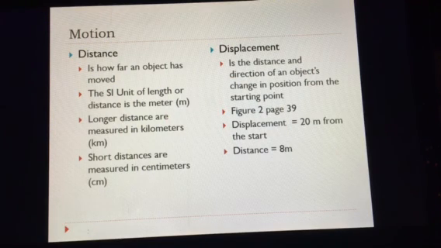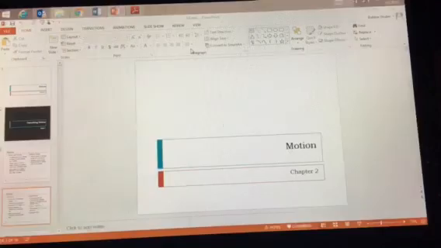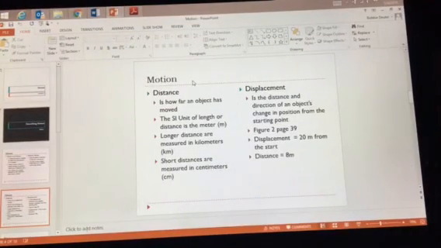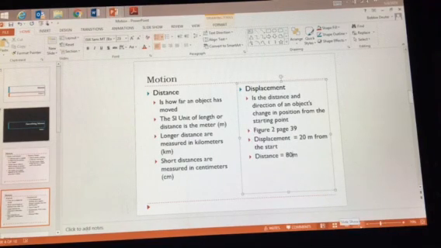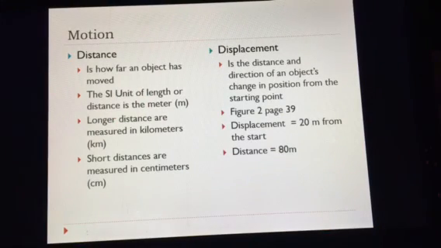Well, his displacement is a total of 20 meters, but his distance he traveled, and I can see I have that wrong on here, so I'm going to change that right now. The distance that he traveled was a total of 80 meters. And so you can see just by looking at that little guy running the difference between displacement and distance.